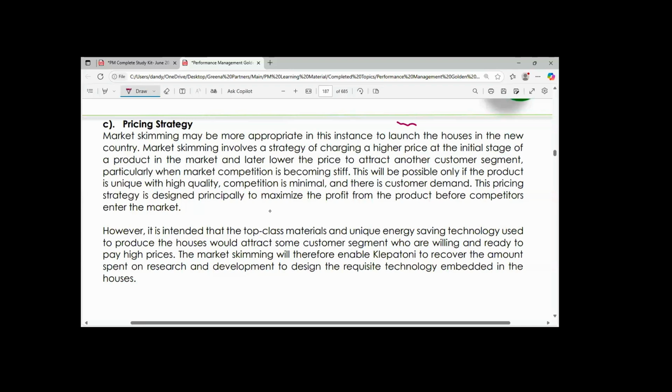By the time the rivals join, there is more competition, and at the same time you need to lower your price in order to attract other customer segments. This is what is known as market skimming. That is basically that.